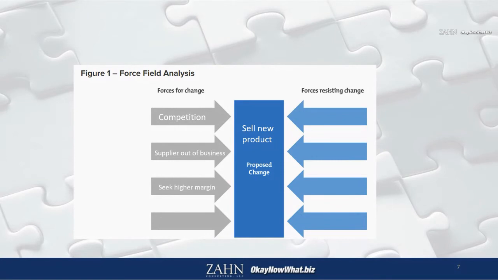And as a business, we seek a higher margin, and this new product would be one where we would be able to acquire a higher margin than our existing product, which we won't be able to sell too much longer anyway, given that our key supplier is going out of business. And this would open up a new market opportunity.